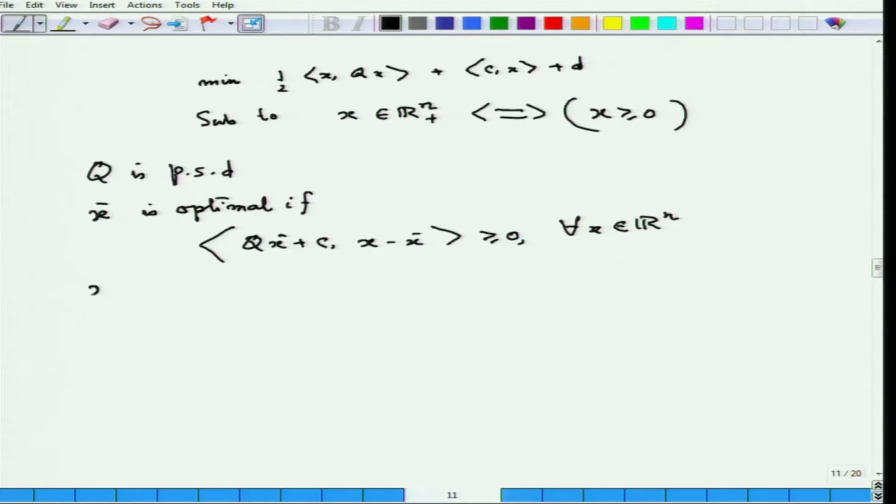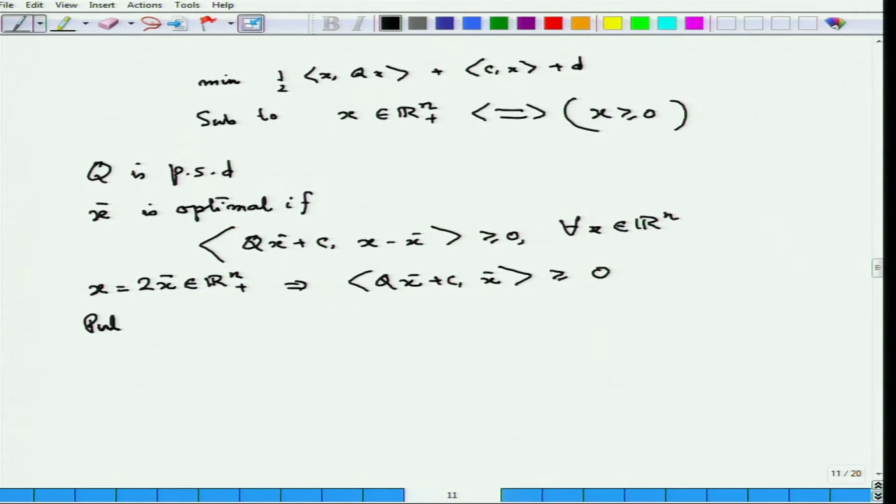Now, if you put x equal to twice x bar, which is obviously in Rn plus, because x bar is an optimal solution, so x bar is in Rn plus, and twice x bar is also in Rn plus. So, we set this particular x. This would imply that Q x bar plus c times x bar is greater than or equal to 0.